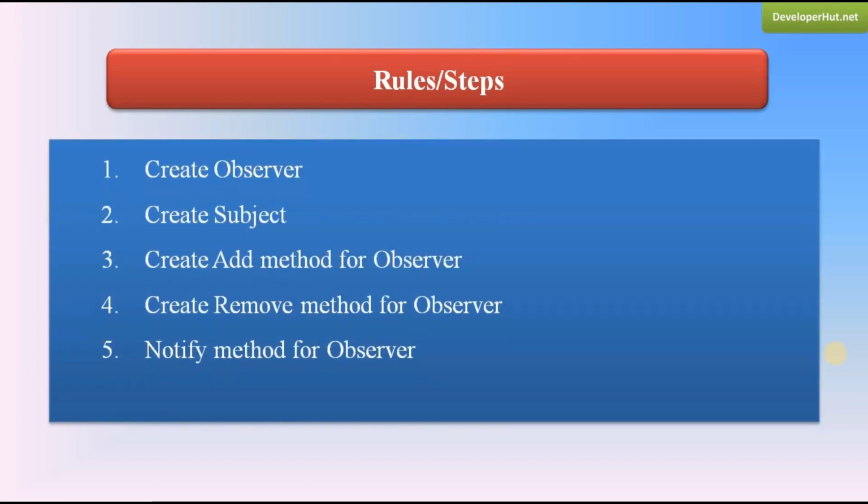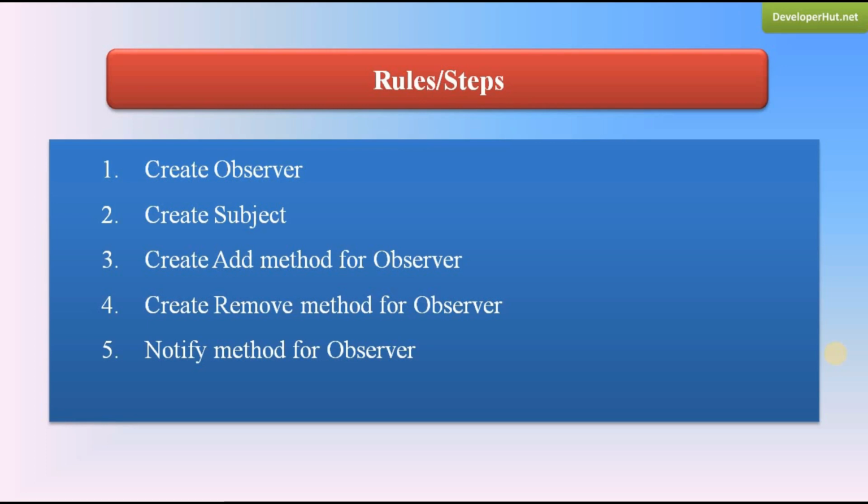There are 5 rules or 5 steps we can say. The first step is of course to create the observer. The next step is to create the subject who will publish the messages. Then once you create the subject, you need to add a provision to add, register or subscribe the observer.